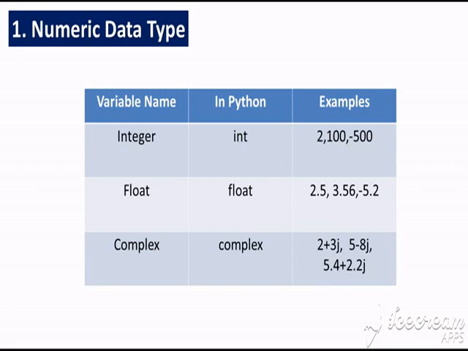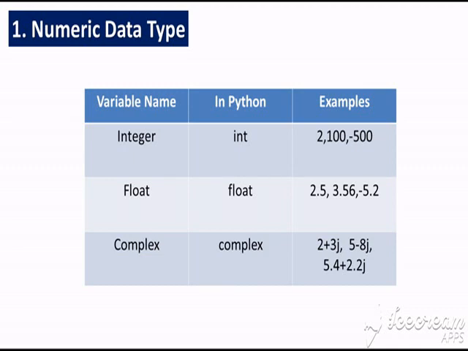Okay, so let's start the discussion with the numeric data type. In the numeric data type, integer in Python is known by int. Python will understand this as integer, and examples of it are 200 and minus 500. Float is written as float in Python, and examples are 2.5, 3.56, minus 5.2.